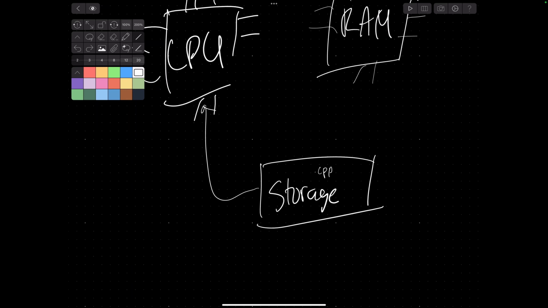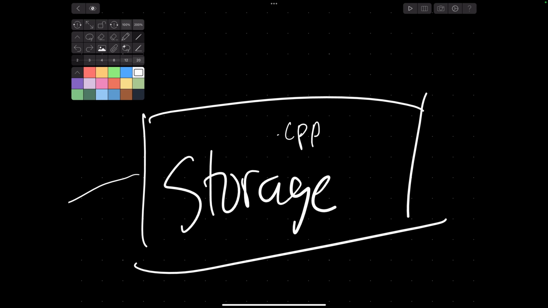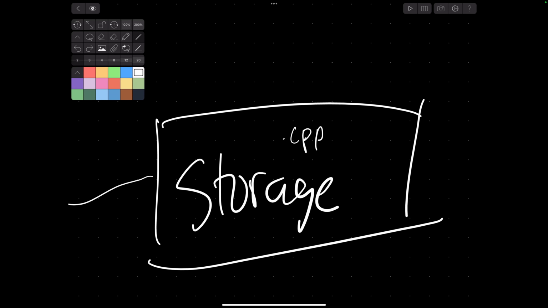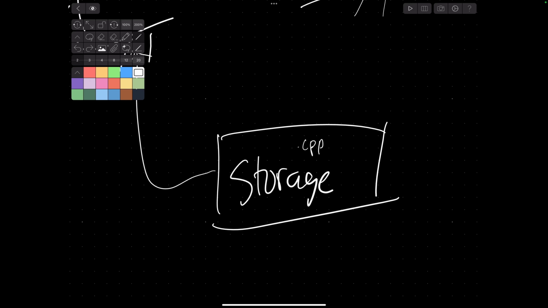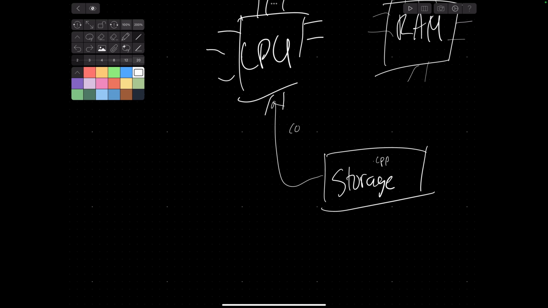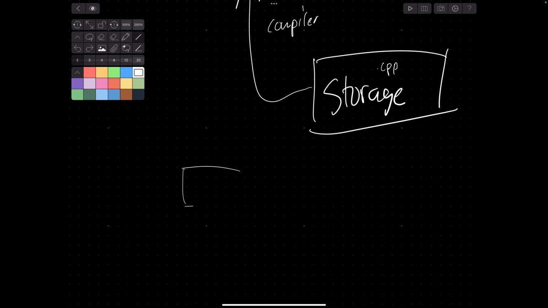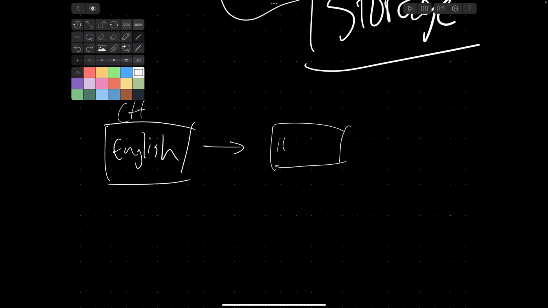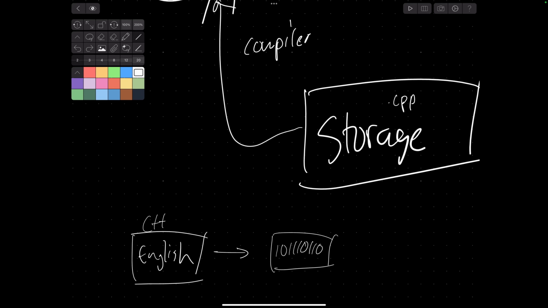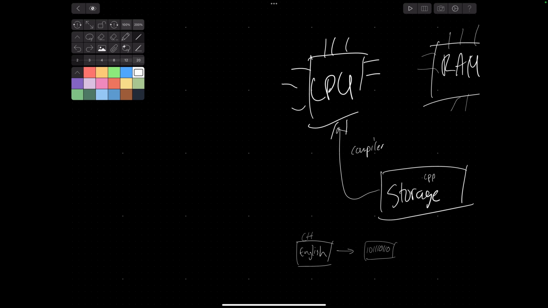So how do we convert our English, which is if, max, integer, all these words, into something the CPU understands? We use something called a compiler. And what the compiler does is basically translate English, so basically the C++ English, into ones and zeros to tell the CPU what it actually needs to do.